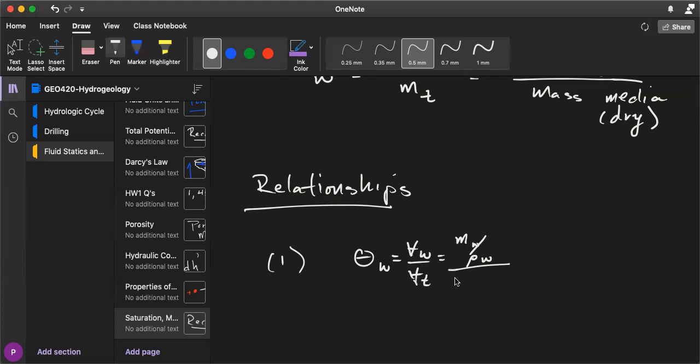The volume total can be defined as the mass of the sediments divided by the dry bulk density, just using the definition of dry bulk density there.